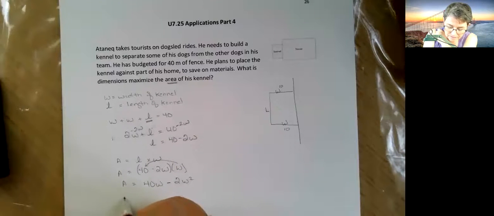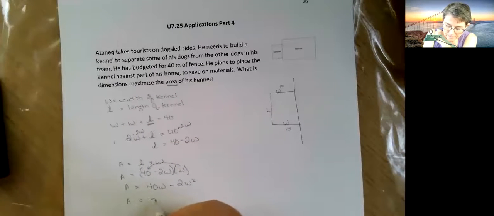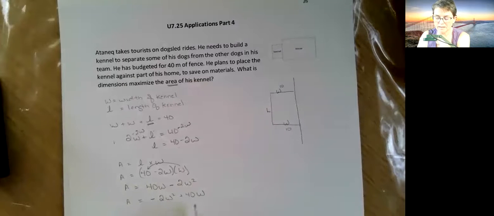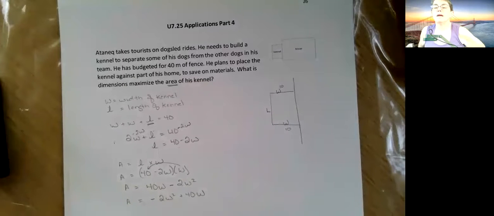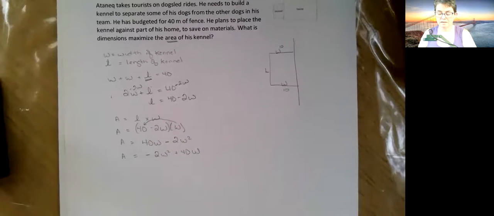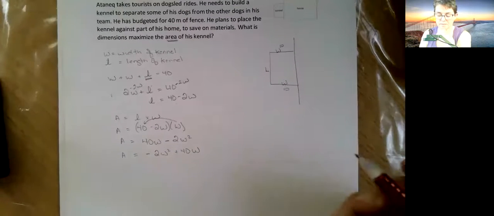Let me just rearrange that. So area is equal to minus 2W squared plus 40W. So we need to figure out what the width is going to be, and that should give us the maximum.